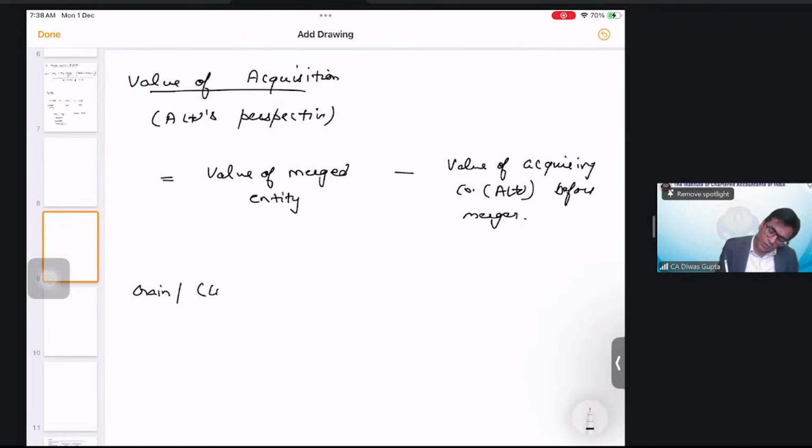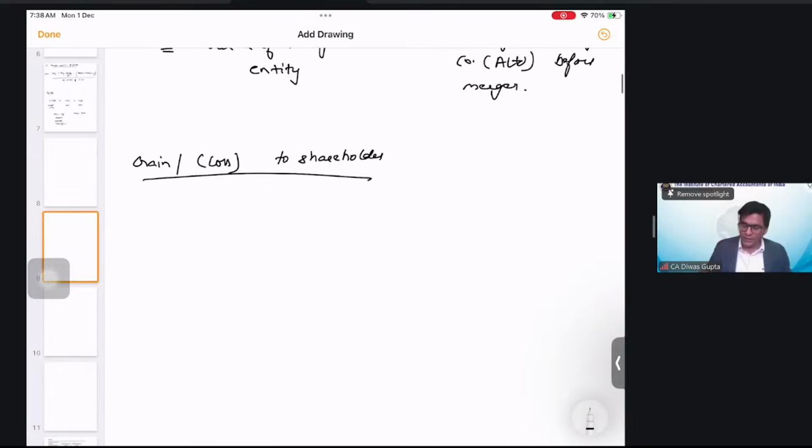Sometimes the question will also ask you to calculate the gain or loss to shareholders. Okay. So there is a gain or loss to the shareholders that is involved. How come?